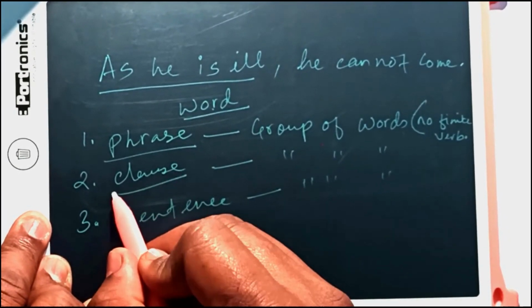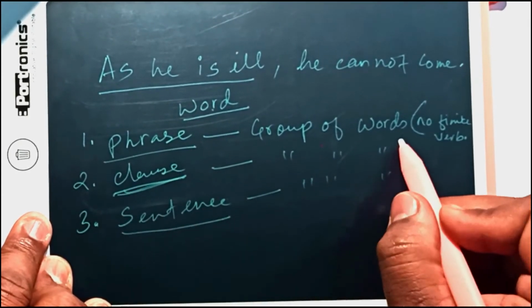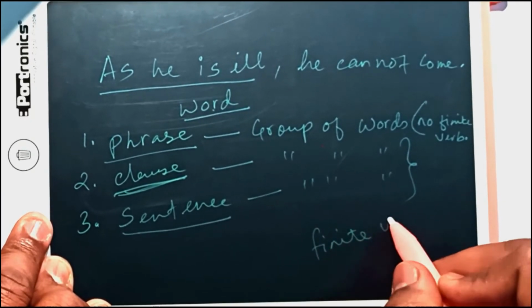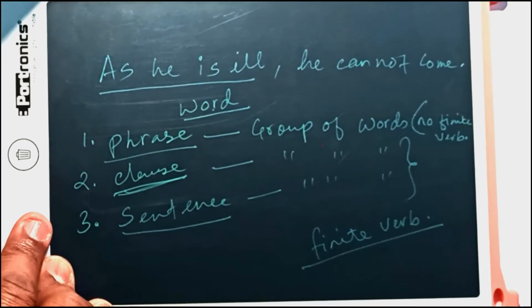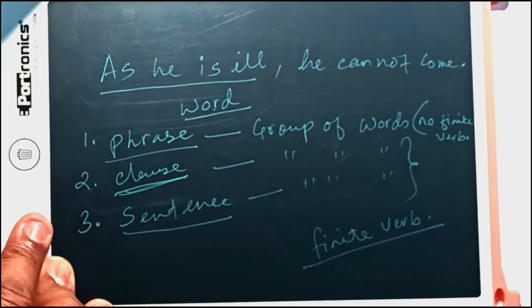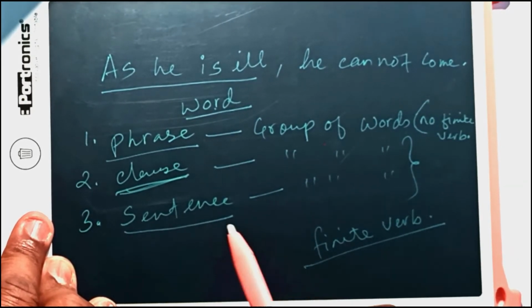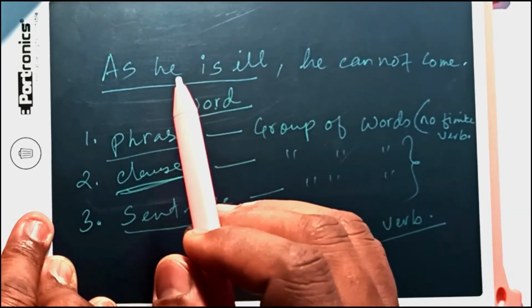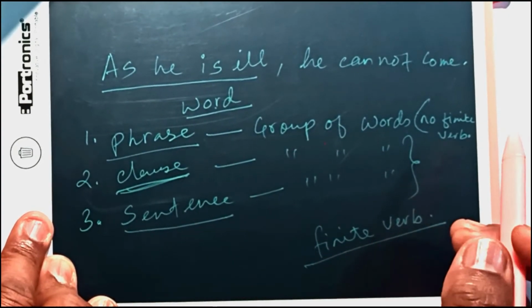But in this case, clause and sentence, in both these cases we must have a finite verb. Now what is a finite verb? That is our concern. We have to understand what finite and non-finite verbs are. Then only we will be able to identify the three kinds of sentences based on the structure, that is your simple sentence, complex sentence, and compound sentence.